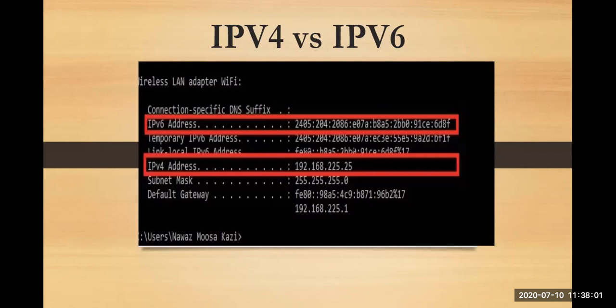Next, IPv4 offers 12 header fields. IPv6 offers 8 header fields.